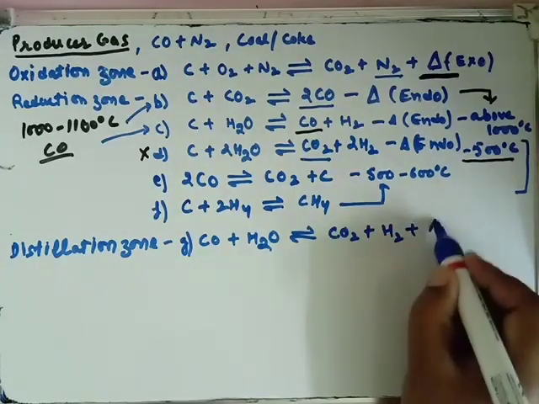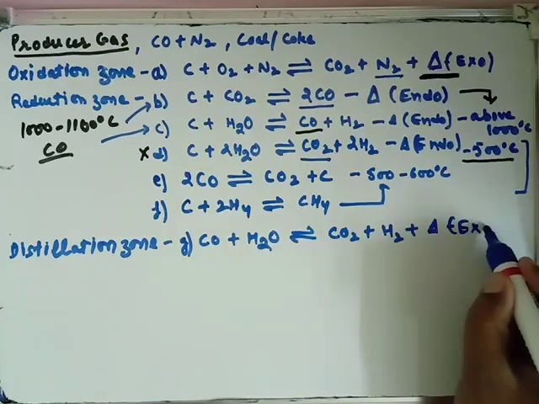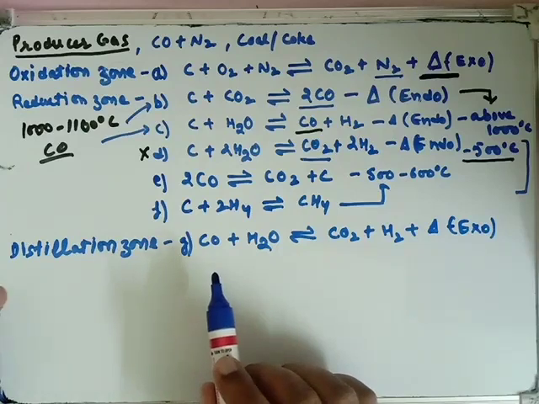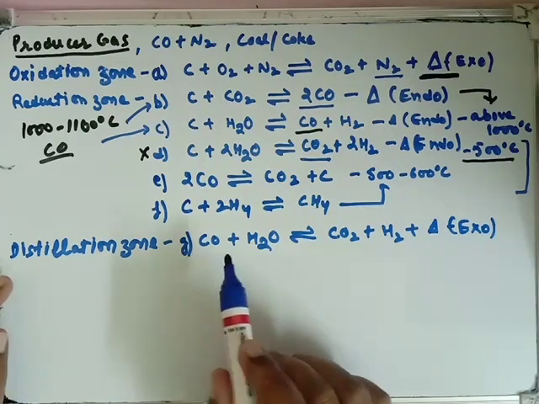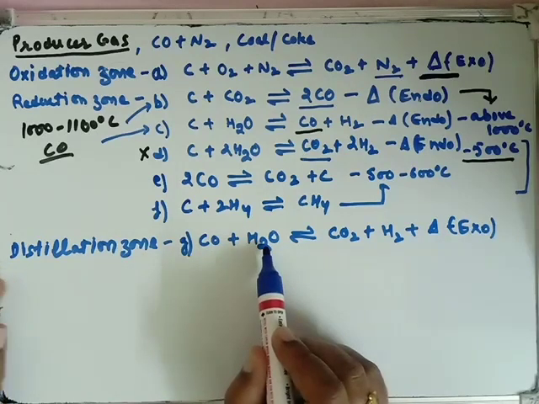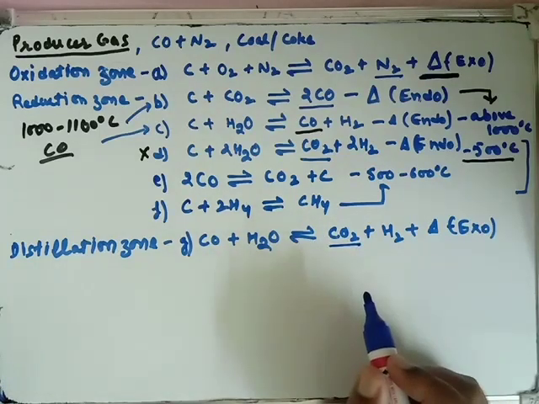The reaction is slightly exothermic in nature, but its heat is not of much importance, right? So I'm telling you that carbon monoxide will react with steam. If excess steam is added in the gas producer, then also carbon dioxide is produced, right?